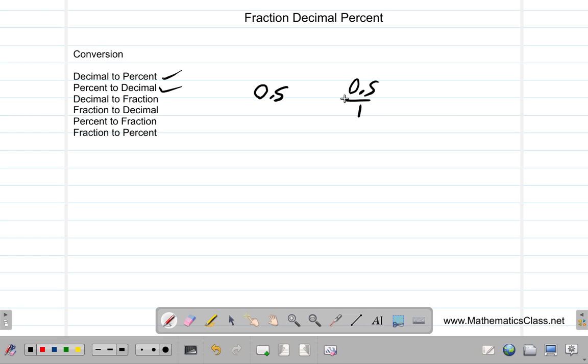Now, when you have the fraction, you mustn't have any point. So you must think now, which number do you want? When you multiply 0.5 by the number, you get a whole number. And then you must multiply 1 by that same number.